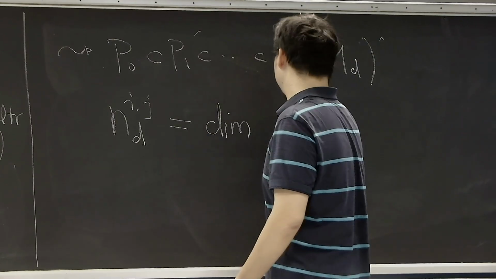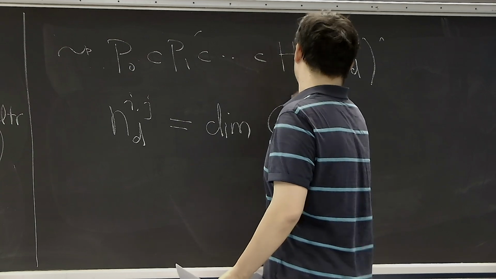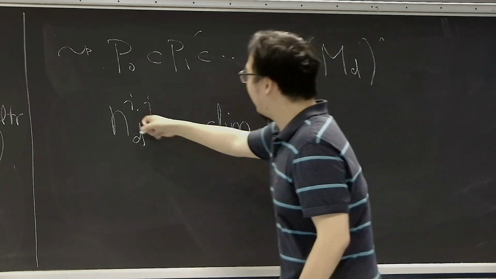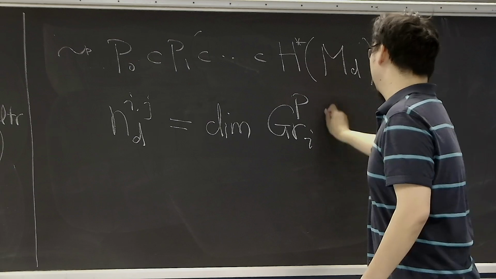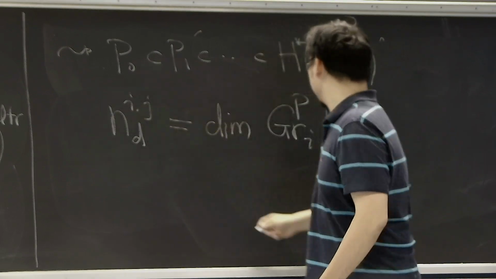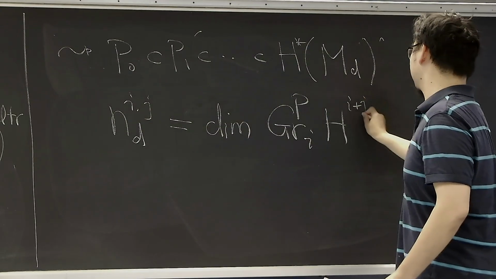It is the dimension of the associated graded, where i remembers the perverse grading, and i and j together remember the cohomological grading.